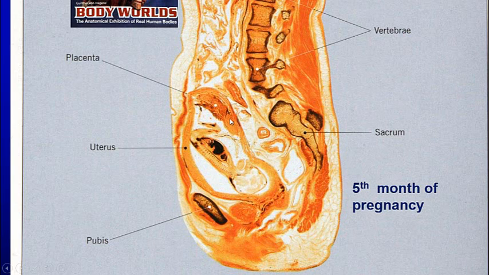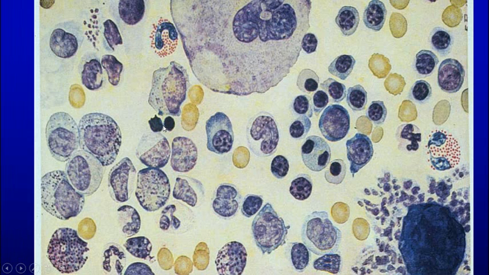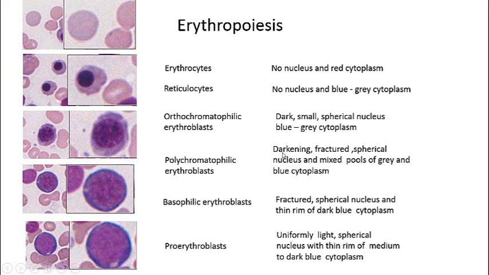The fetus, the placenta has to capture the oxygen from the mother's blood and give it carbon dioxide. So the hemoglobin is a little different during pregnancy than it is in the adult. And here we see these are megakaryocytes. These are different blood cells in the production of blood.